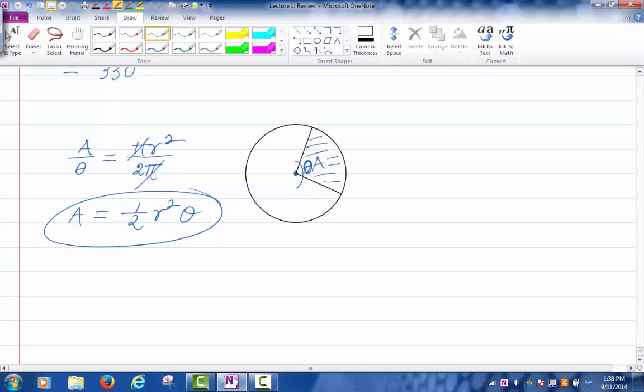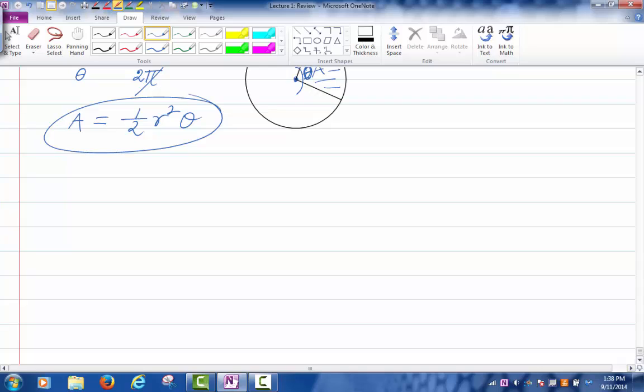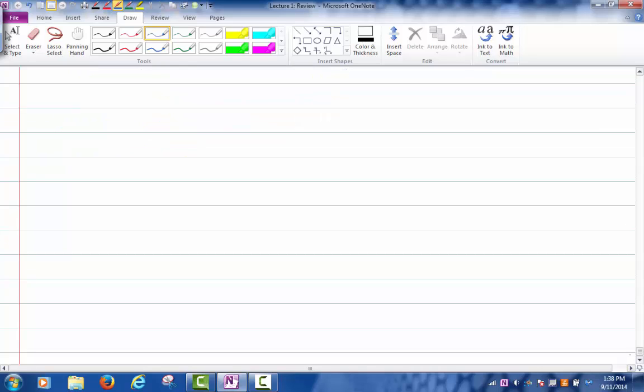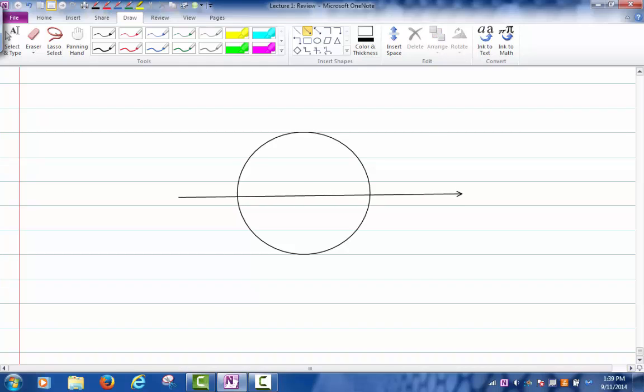Okay, so now it's time to tell you or review the definitions of the trig functions. So how do we define the trig functions? Let's take a circle centered at the origin. So that's the x-axis, that's the y-axis, and okay, so this is the center, and that's the origin.